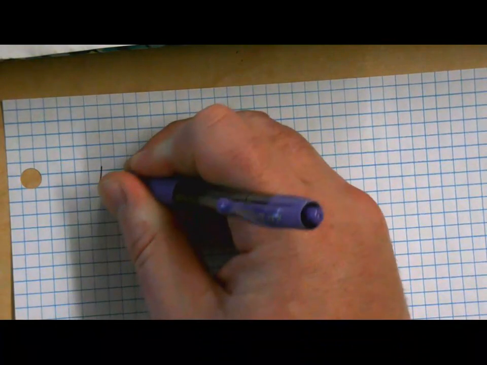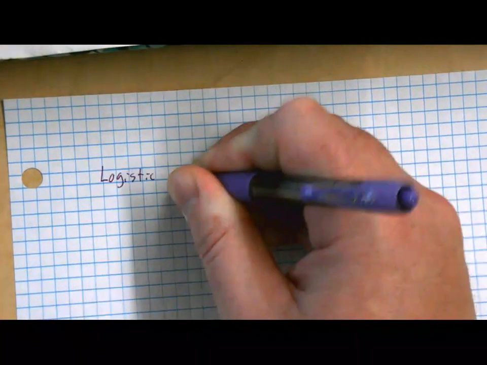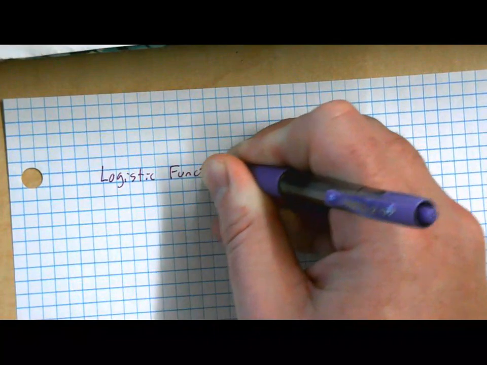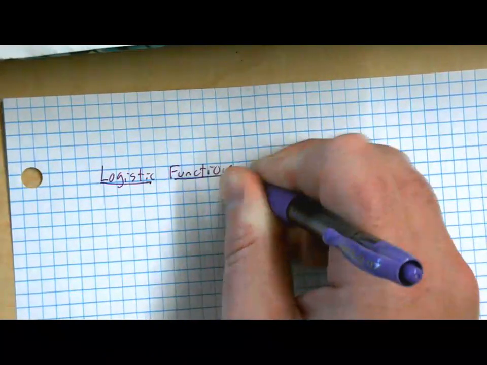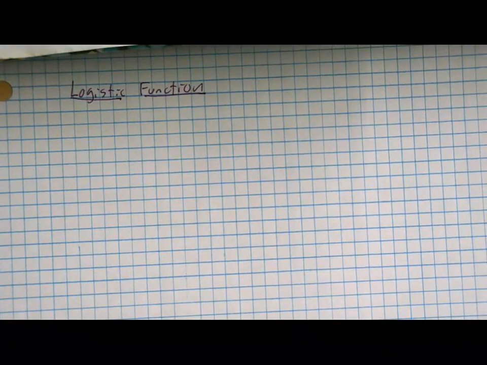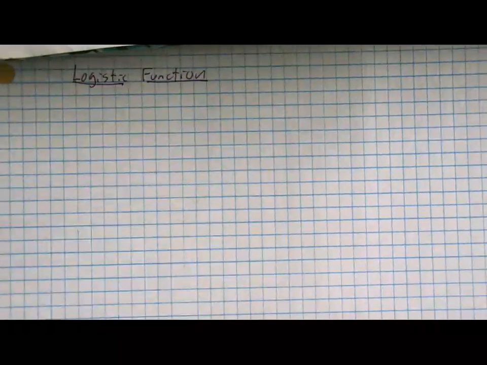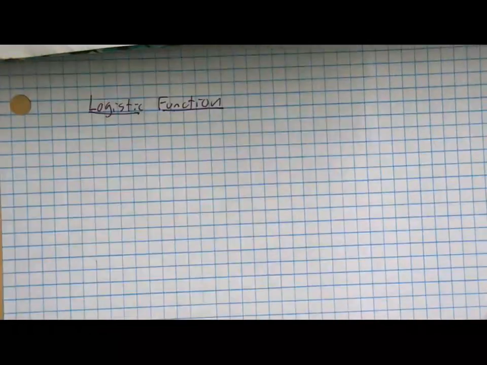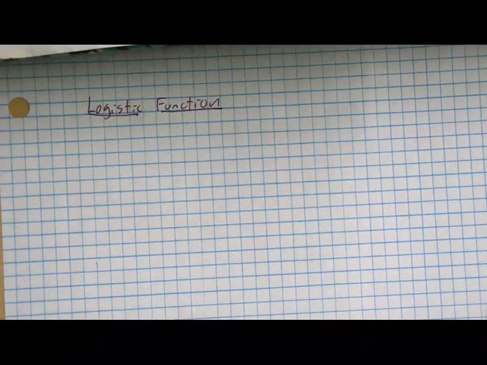So, logistic functions. There are two forms of a logistic function. You're going to need to memorize these. Probably most of you, the first thing you do when you get to your test will be to write these down.